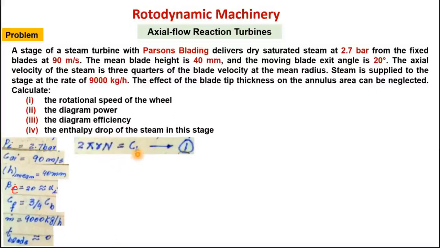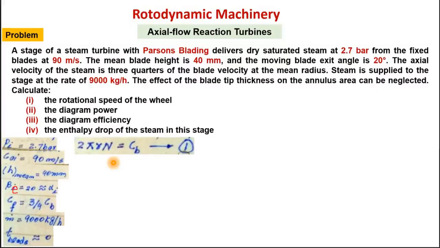Now in this equation, CB is not given, and also this R, mean radius of the wheel, is also not given. So there are three unknowns but only one equation, so we need to determine first this R and CB so that we can find out then the revolutions per minute or rotational speed of the wheel.